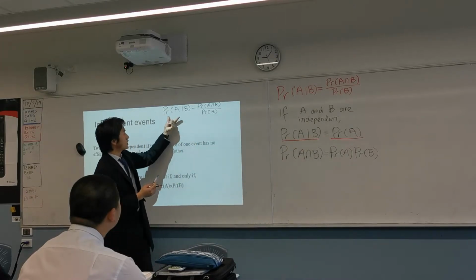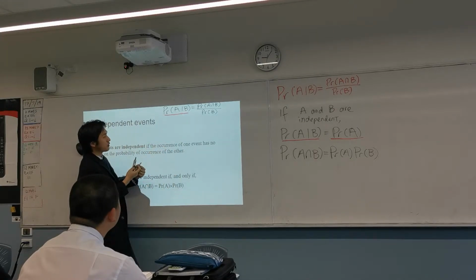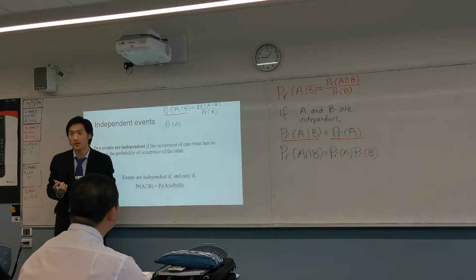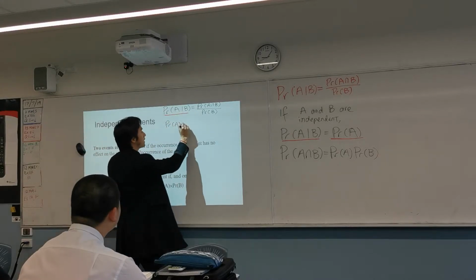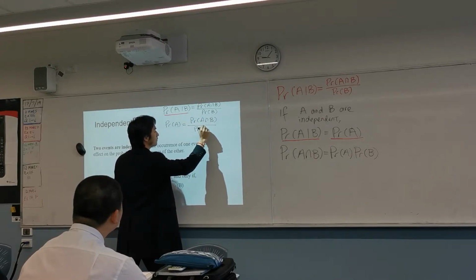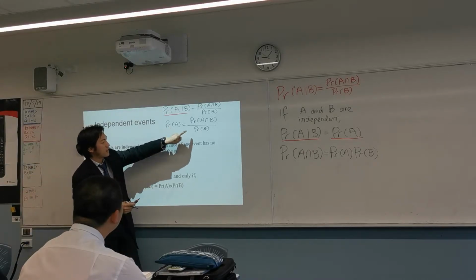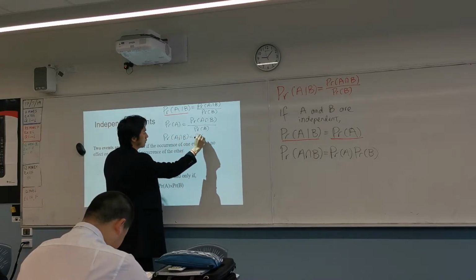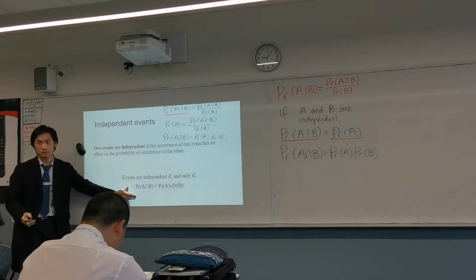So I can replace that first part, see the part that I've underlined? I can replace that part with just the probability of A, because it doesn't matter whether B's happened. If it's independent, then I can rewrite this as at the next line. Okay, so that becomes, the right-hand side stays the same. And then I'm going to group together P(A) and P(B). And this is where the formula comes from.